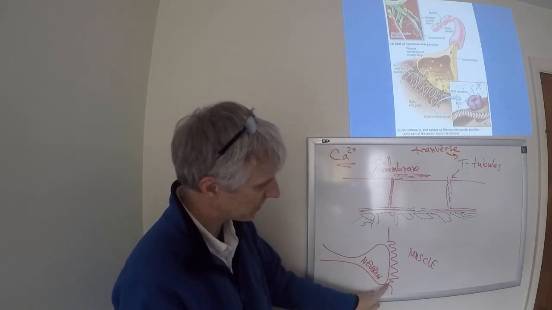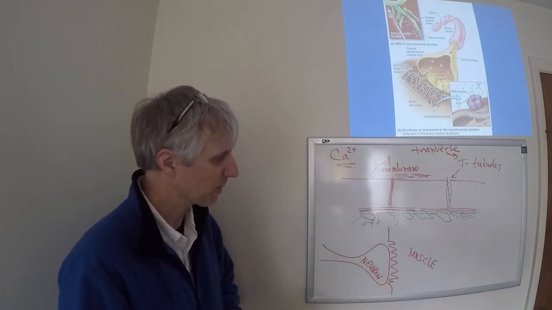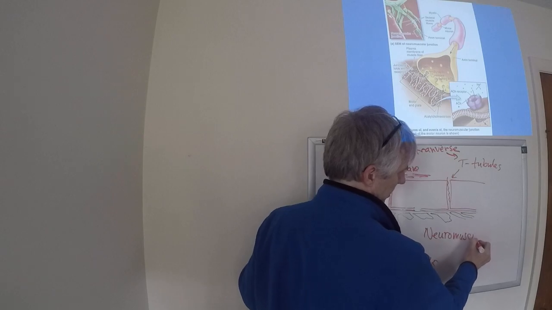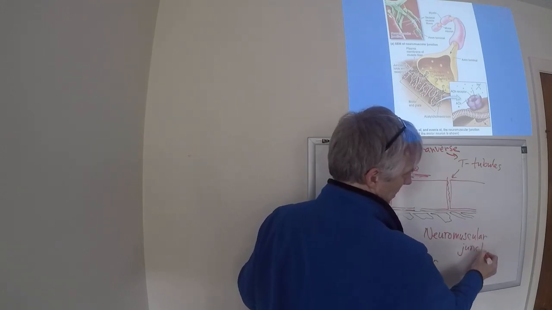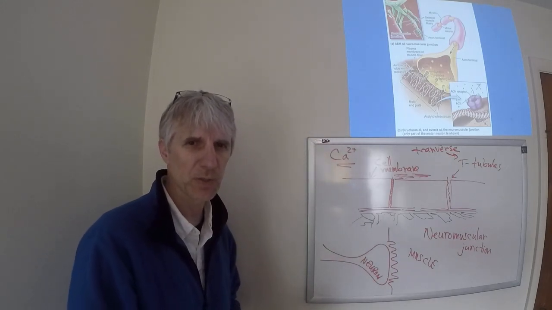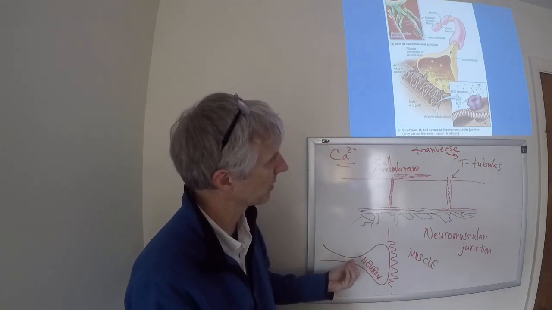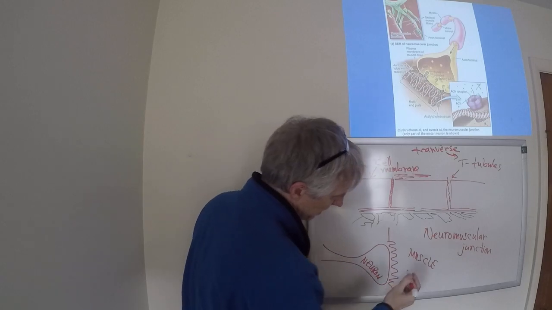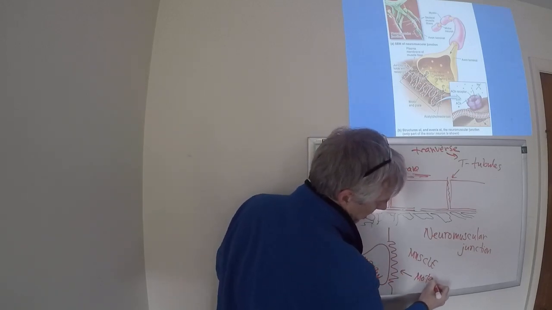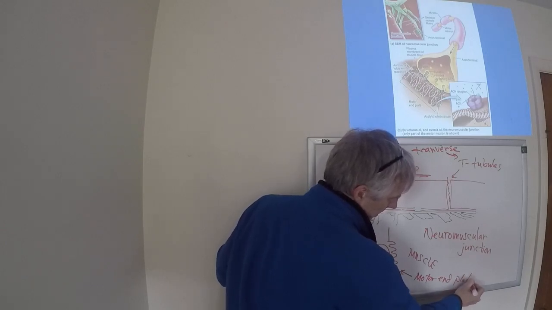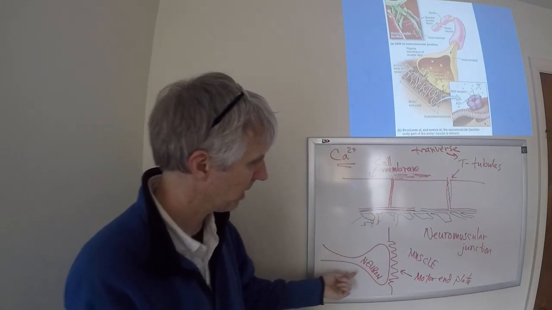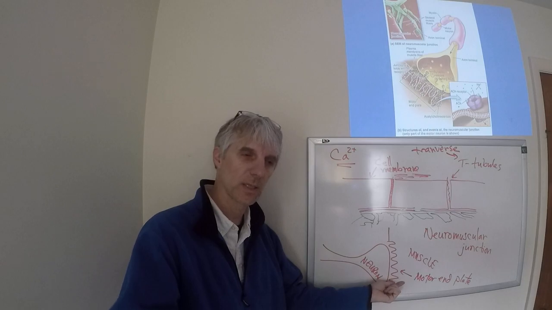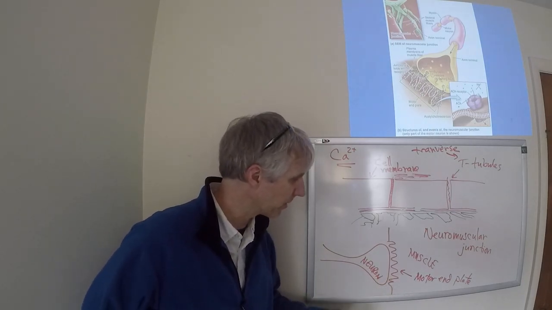That's a synapse, but it's a very specific type of synapse. It's referred to as a neuromuscular junction, because that's where the neuron and the muscle cell are coming together. This piece of it here, the muscle piece, is called the motor end plate, because this has to be a motor neuron, because it's going to tell the effector cell, in this case the muscle cell, exactly what it needs to do: contract.